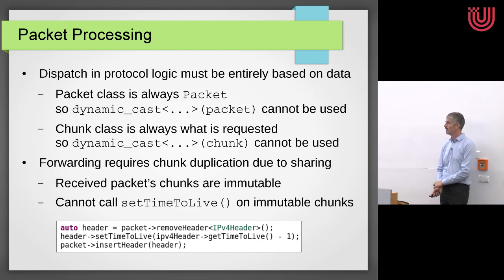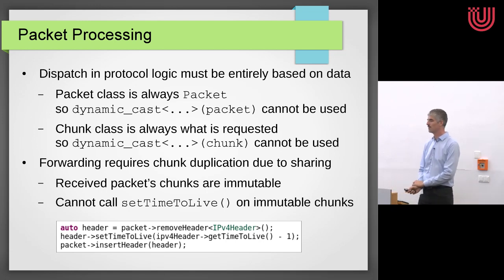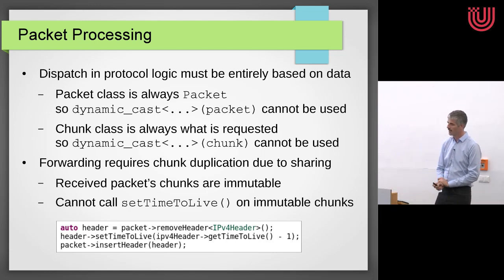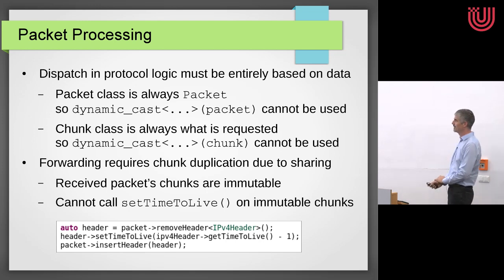And you could think that you can still dispatch based on the class of the chunk, which also cannot be used because the chunk class is always what you are actually requesting. So whenever you want to do some dispatch in your protocol, you must entirely base that dispatch on the data which is in the packet, which is the right thing to do, by the way, because that's what the protocol specification requires you to do. So I would say that this is a good thing instead of a bad thing.